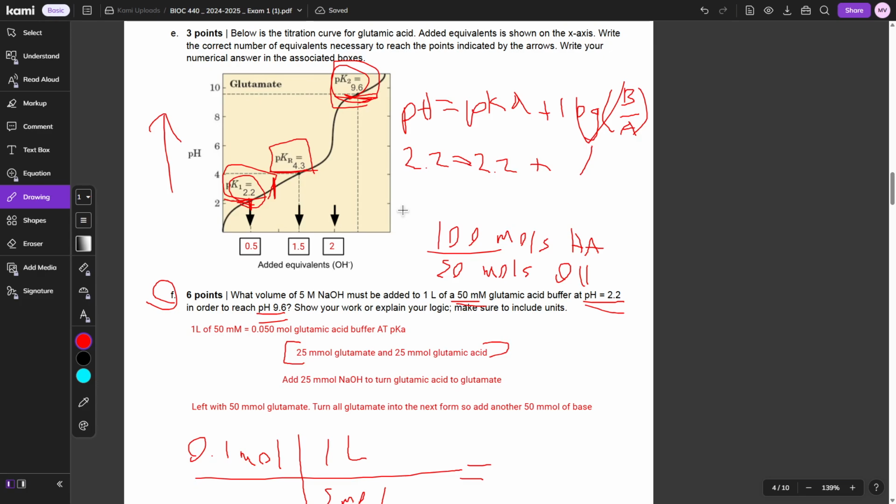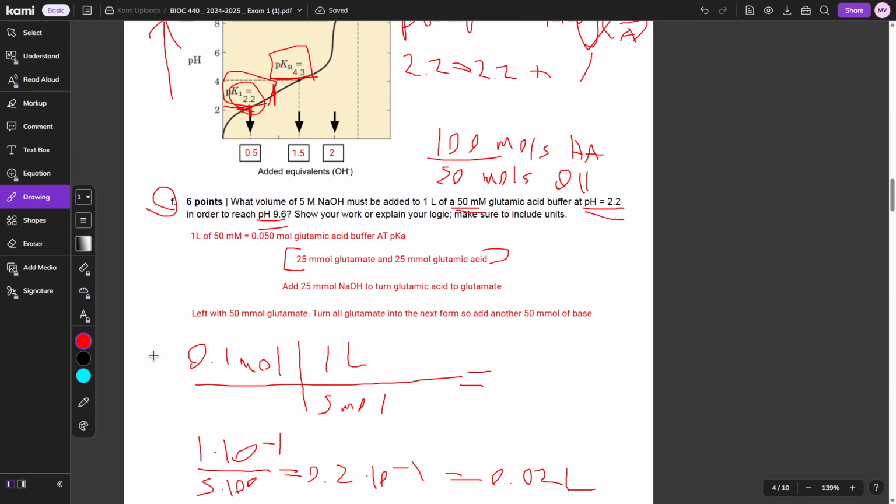And all you have to do then is some dimensional analysis: 0.1 molar times 5 liters, or 5 moles per liter. It fits here because it's asking you for a liter amount. We're all familiar with how dimensional analysis works.